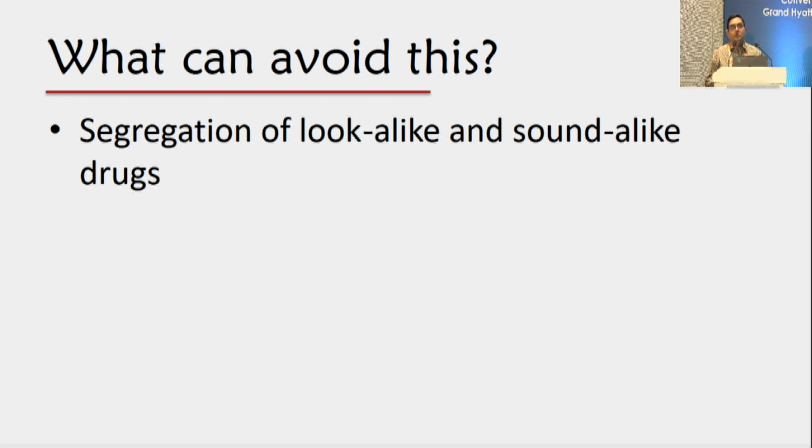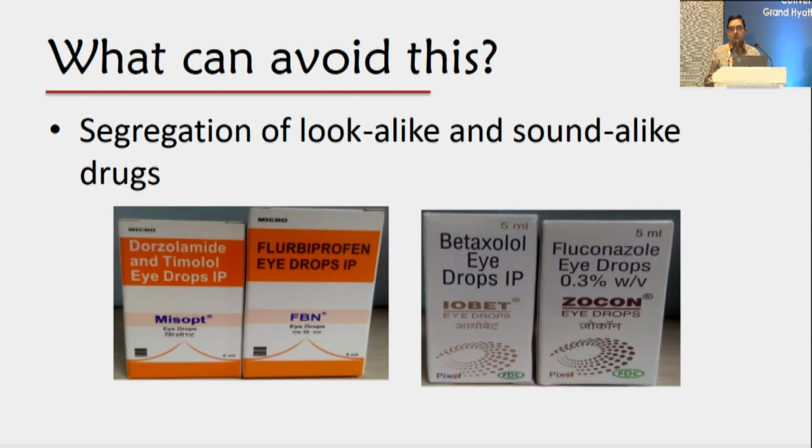And this is also mandated by the NABH, for segregating the look-alike and sound-alike drugs. There are quite a few in ophthalmology which have similar packages which look similar, and some of the drugs which sound similar. So here anything with an added letter like an added T or an added S or an RT, they're all looking similar.